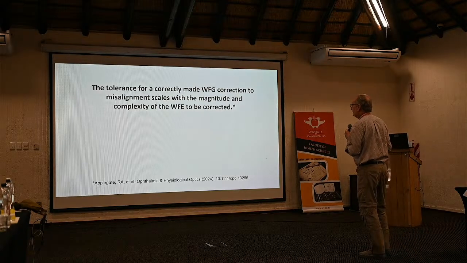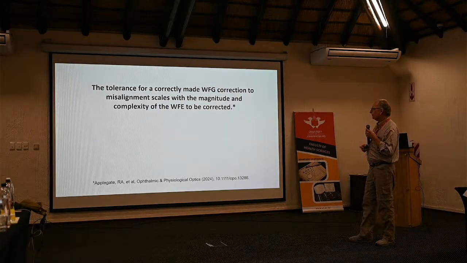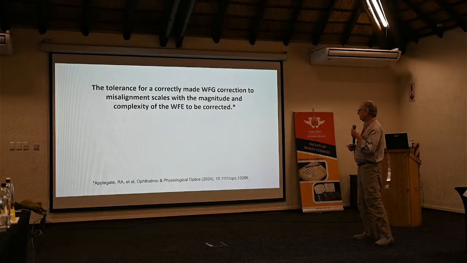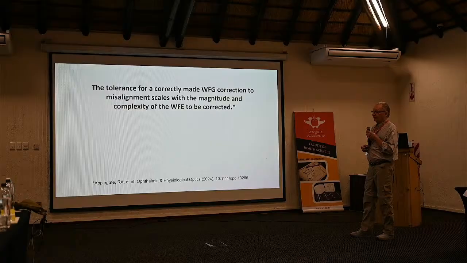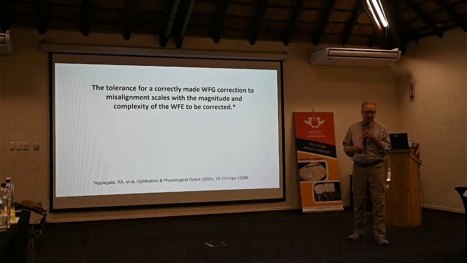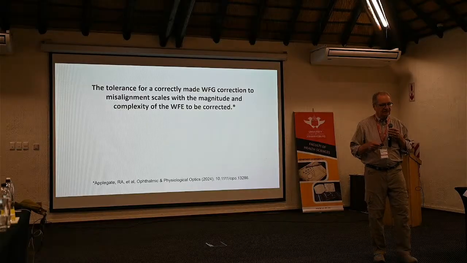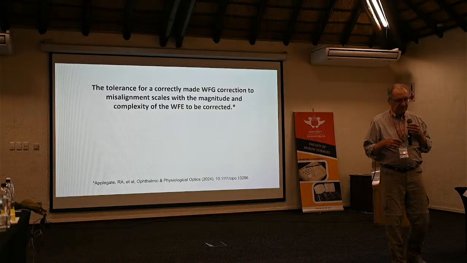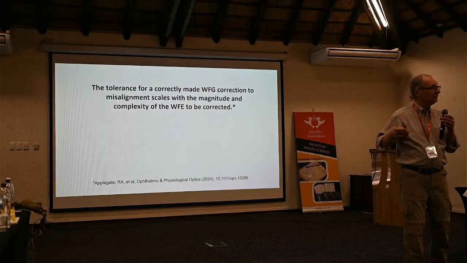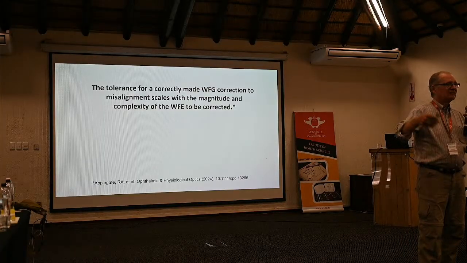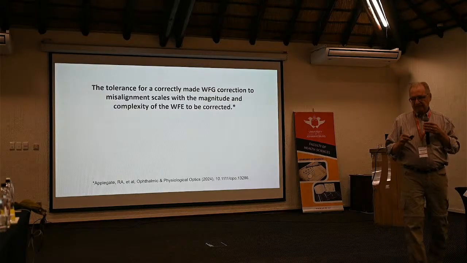Okay, so the tolerance was talked about by Sharon just a moment ago. We published a paper on that: for correctly made wavefront-guided corrections, the tolerance to misalignment scales with the magnitude. The more complex you're trying to correct, think of a military person that encountered a bomb, stepped on something, they were inside of a vehicle, and their eye got all lacerated, sewn together.